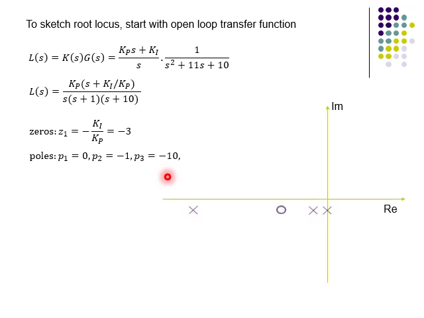So we can then start to construct the root locus diagram by sketching or showing on the diagram the pole-zero map for the open loop system. So you can see the open loop system has a pole at 0, -1 and -10, and then a zero at -3.